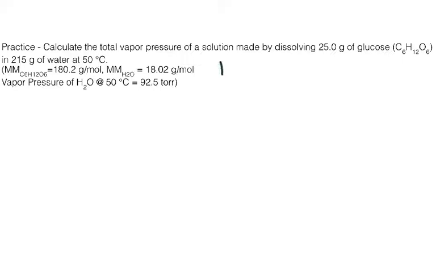And we know that our vapor pressure of our solution is going to be our vapor pressure of water by itself times the mole fraction of water. So to find our mole fraction, we're going to have to convert both our grams of glucose and our grams of water into moles.